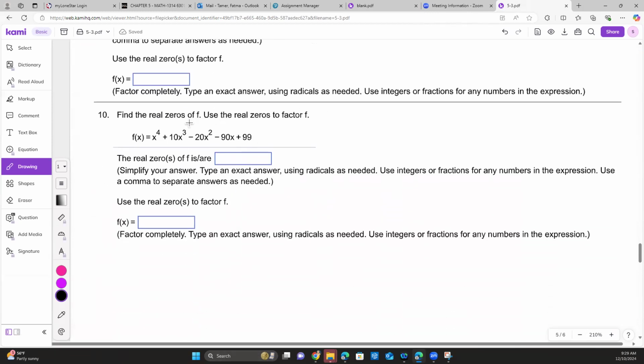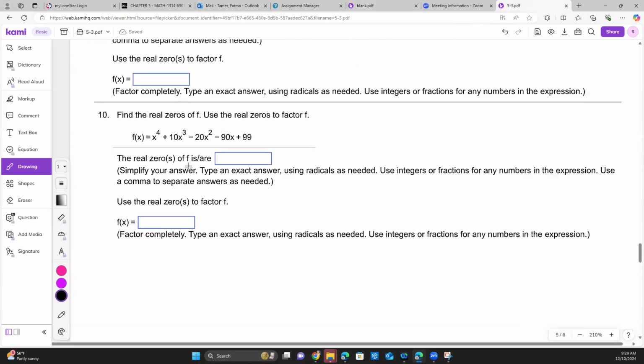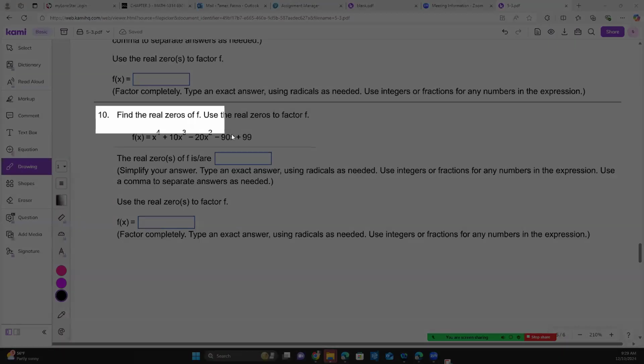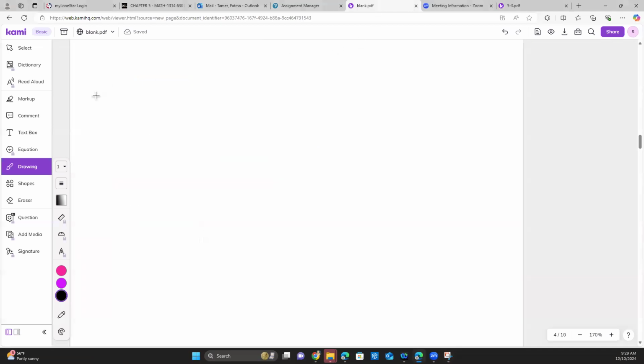The last question on this homework, question 10, is the very same style. So we will need a lot of space. We're just going to practice what we did on question 9 one more time. So I'm going to bring this question. We're going to find the real zeros, and then we're going to write the function in terms of its factors.